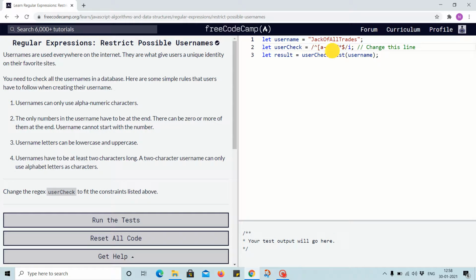So one character is this. Another character can be alphabet or digit. A 2 character username can only use alphabet letters as characters. So in the case it is 2 characters, then only alphabet.